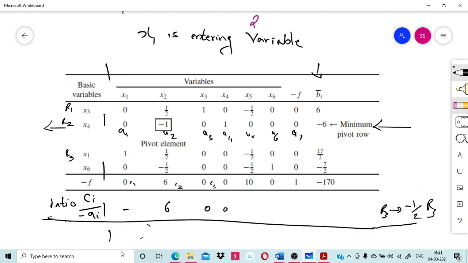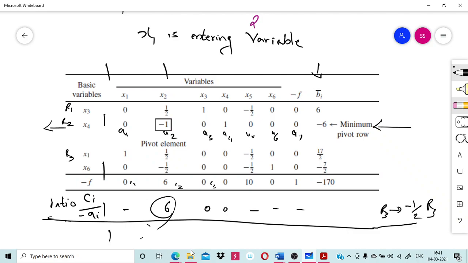Here not defined and not defined. Here also 6. You have to take the positive values, and 6 is your minimum value here.